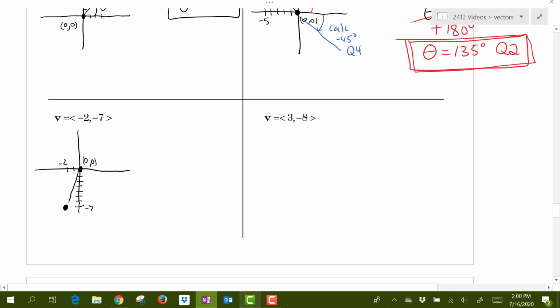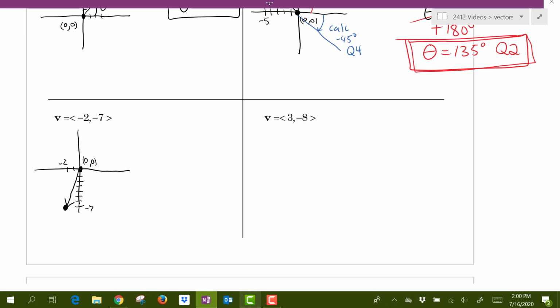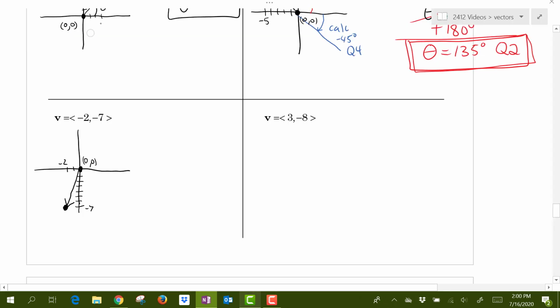So I'm going to connect those and put my arrow. Remember, we need an arrow for direction. Okay, so we're starting at the positive x-axis and we're rotating until we stop at the vector. And that's the angle that we want. And that is a quadrant 3 angle.